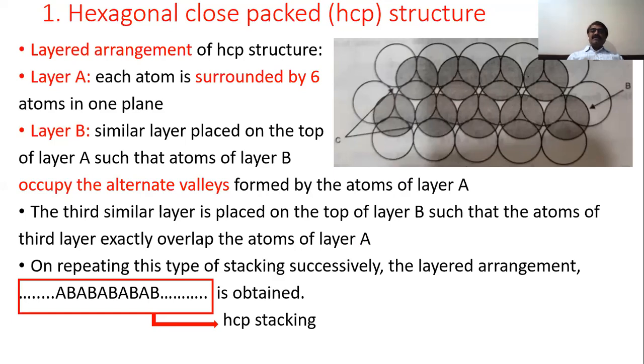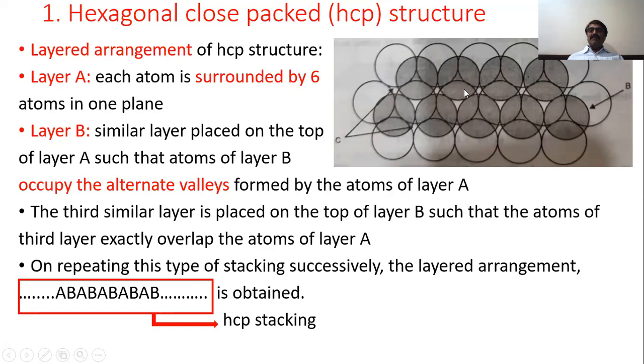As we saw while dealing with coordination number, each atom in the close packed structure has 12 neighbors, out of which 6 lie in its own plane. Now look at the empty balls corresponding to layer A, and you will find that each empty sphere has 6 neighbors in its own layer, represented by layer A.